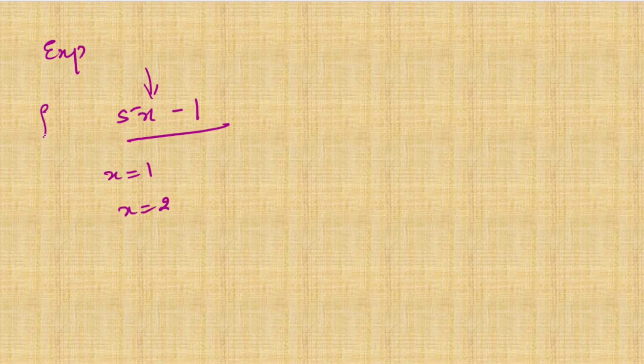Let me represent this expression as f(x). If f(x) equals 5x minus 1, then for a particular value of x, your expression will become 0.